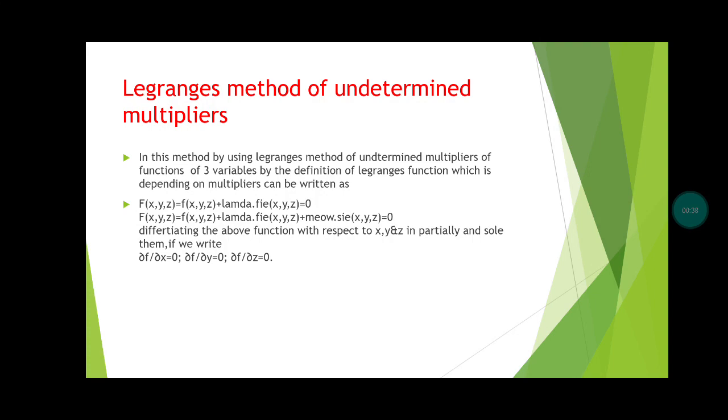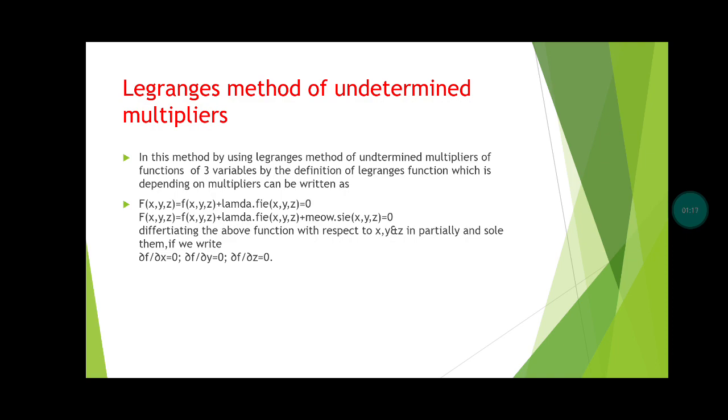In this method, for a function of three variables, by the definition of Lagrange's function, which depends on multipliers, it can be written as f(x, y, z) = f(x, y, z) + lambda times phi(x, y, z) = 0, or f(x, y, z) = f(x, y, z) + lambda times phi(x, y, z) + mu times xi(x, y, z) = 0.